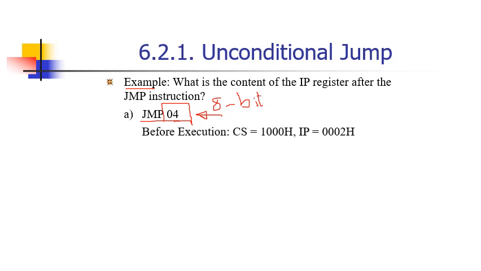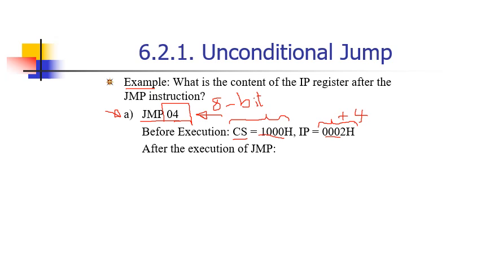Okay, so this is before execution. This is the value inside your CS, and this is the value inside your IP. What this short jump does is this: it doesn't leave the currently active code memory segment, so CS will retain its value, while IP is going to be modified, and you go up 4 bytes.